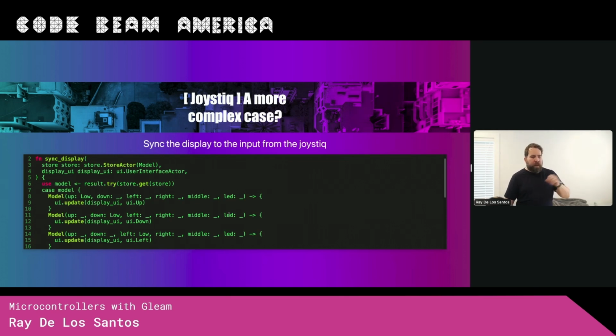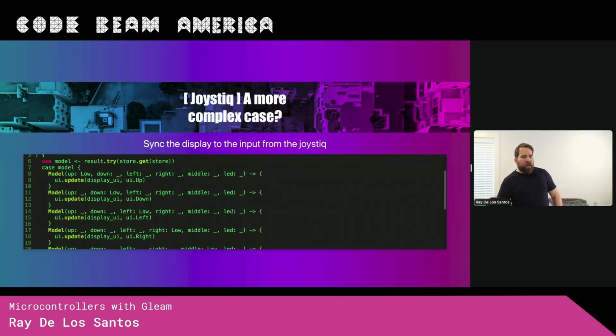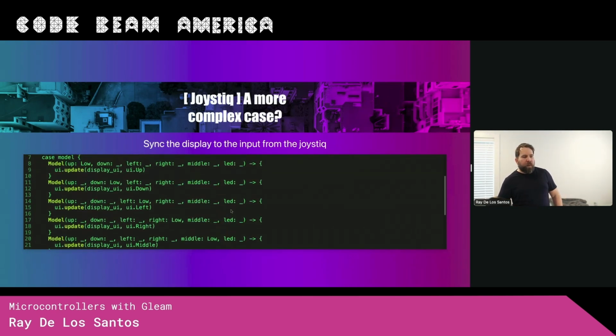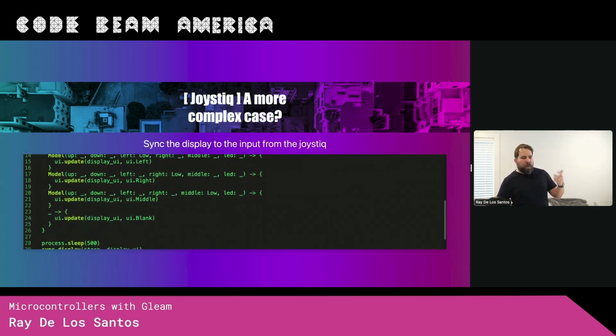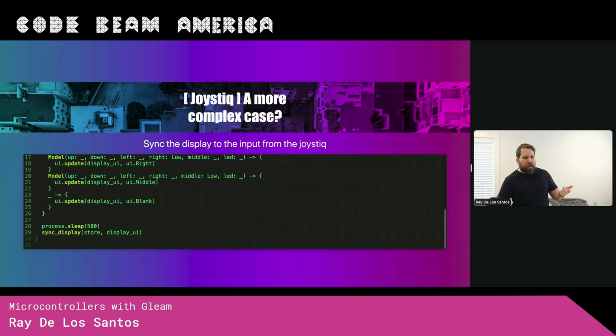But basically, with that actor, we are taking the model and doing pattern matching with Gleam. We ask if we find any of the fields that belong to the joystick, and then we translate this to an image inside the display. This is going to be up, down, left, right, middle, and blank, depending on the case.